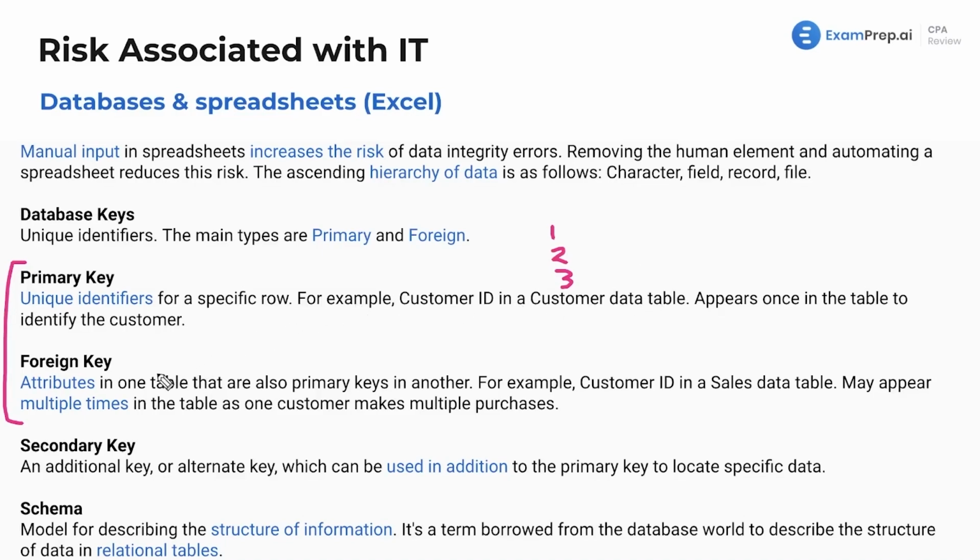Whereas a foreign key, take a second, grasp it if it doesn't click right away. It should click pretty soon, but it's basically just a primary key in multiple instances. So attributes in one table that are also primary keys in another. If, for example, the customer ID in this table appeared in a sales data table.